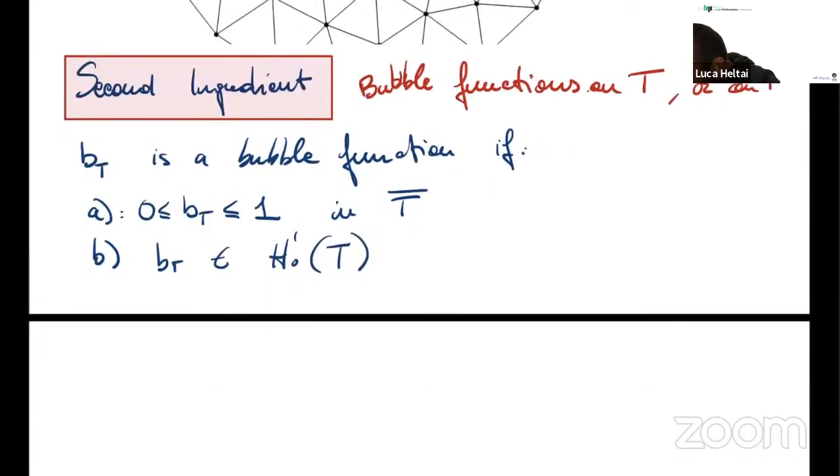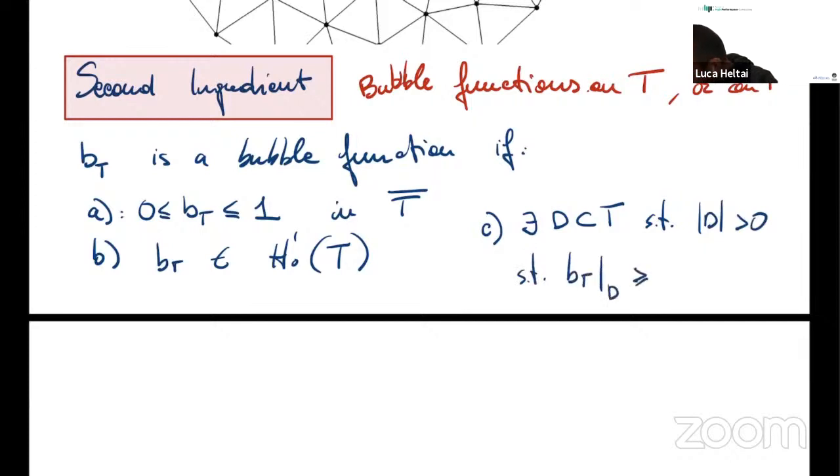And third property, which is the most important one, there exists a D, which is a subset of T, such that the measure of D is greater than 0, and such that B_T restricted on D is greater or equal to 1/2. So it's a bubble function. The 1/2 could be any other number in reality, but 1/2 is a typical convention.